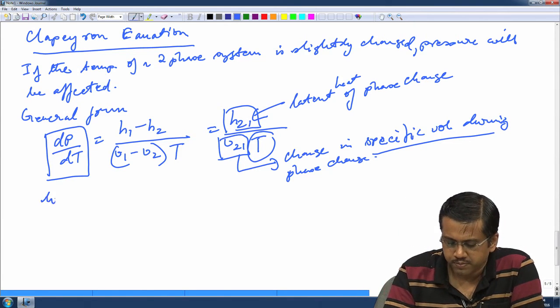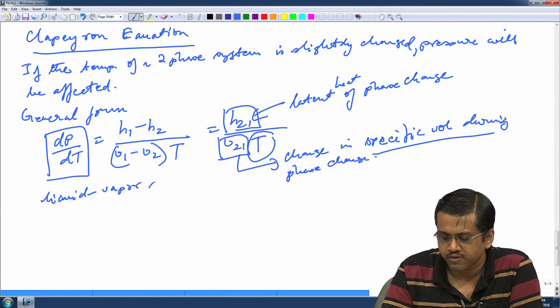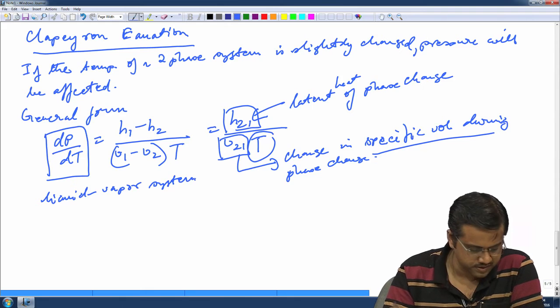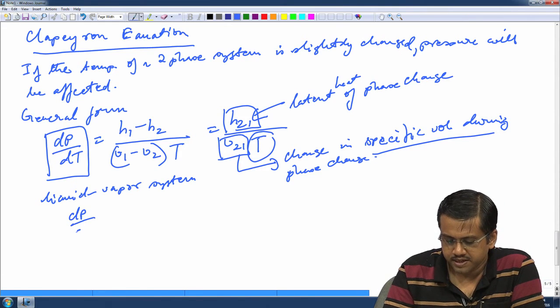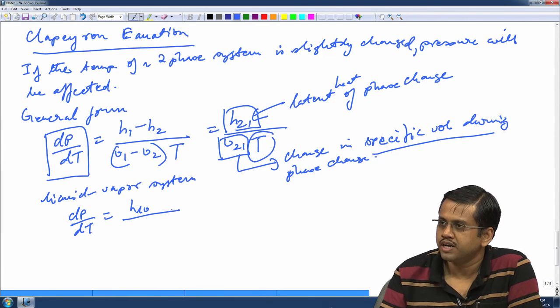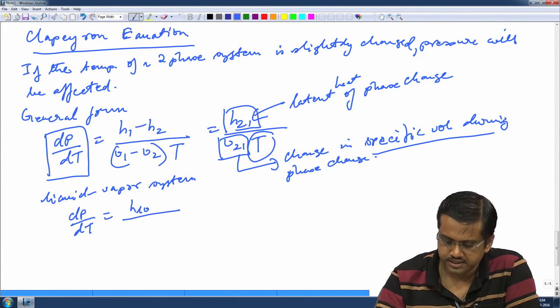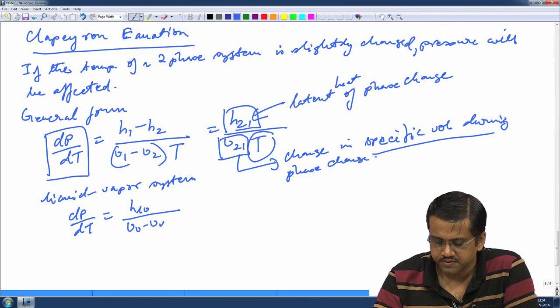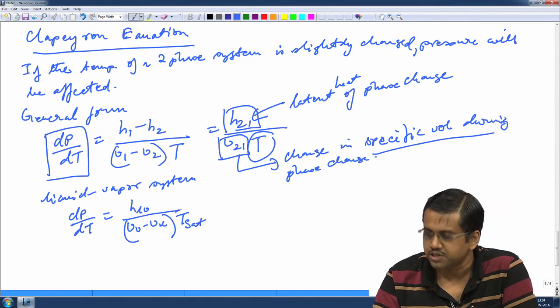Now, this is valid for any system. For a liquid vapor system specifically, dP by dT is given by H_LV, in that case 1 and 2 are the liquid and the vapor, divided by V_v minus V_l, times T saturation.